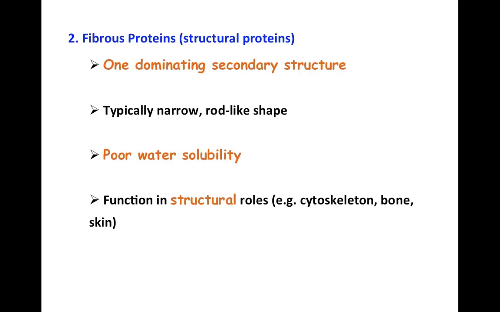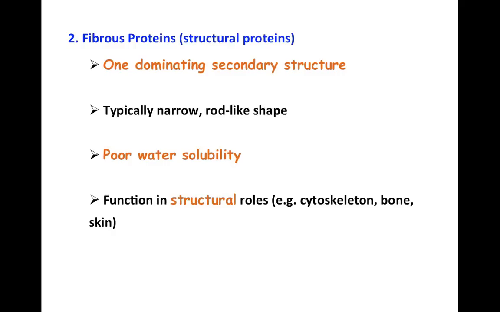Right, next type will be fibrous proteins, and these are our structural proteins. Fibrous proteins tend to have only one dominating secondary structure, whether it be beta pleated sheets or alpha helices. And if you are not too familiar with those names, don't panic. We're going to be coming to that in the other parts.